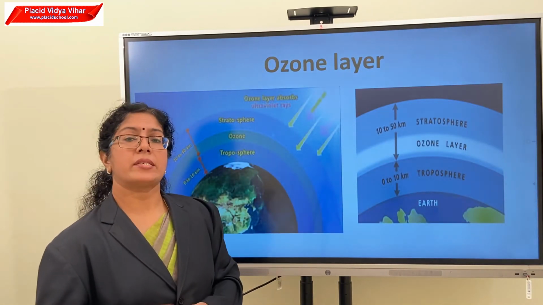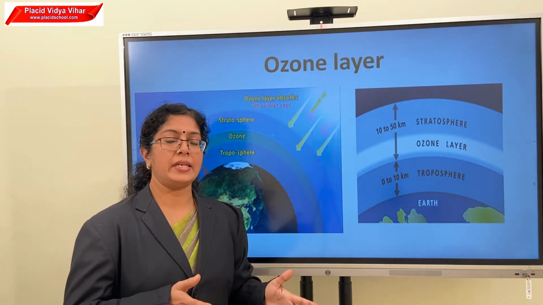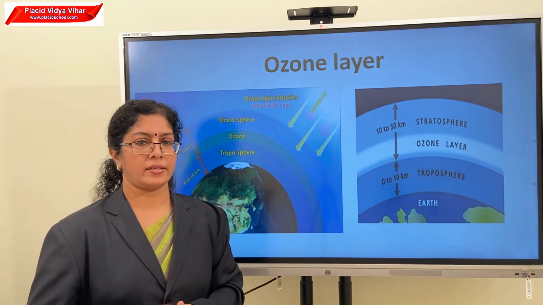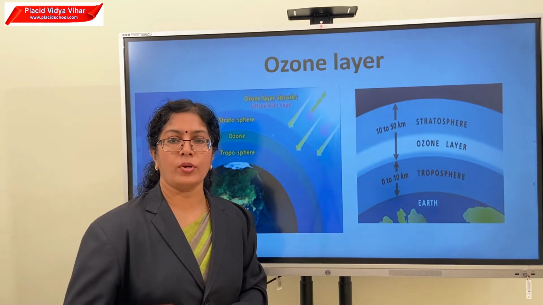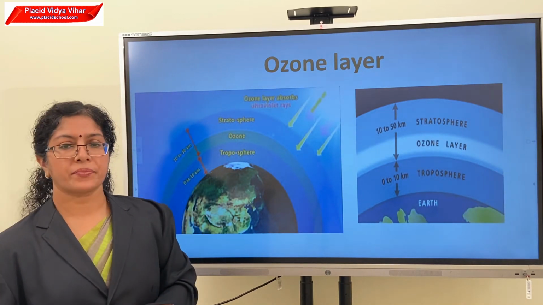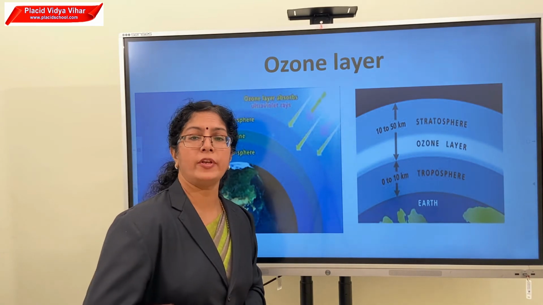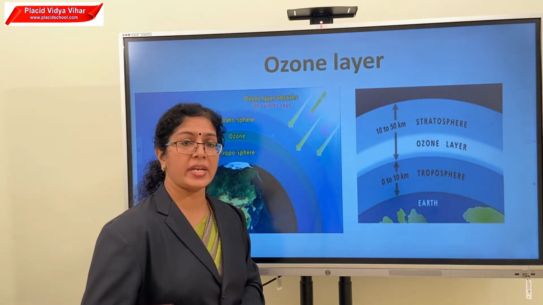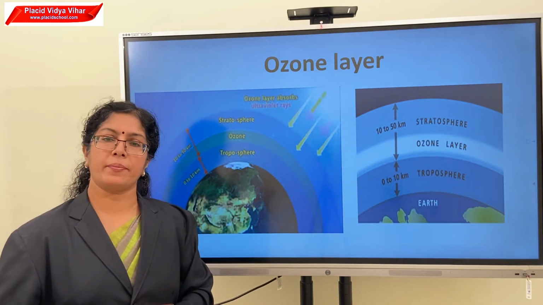Although it is a trace gas, that is, the number of molecules is very small compared to air, in 1 million air molecules you can see only 3 ozone molecules. Still, it is doing a wonderful job of filtering ultraviolet radiations from sunlight which are harmful to life forms.